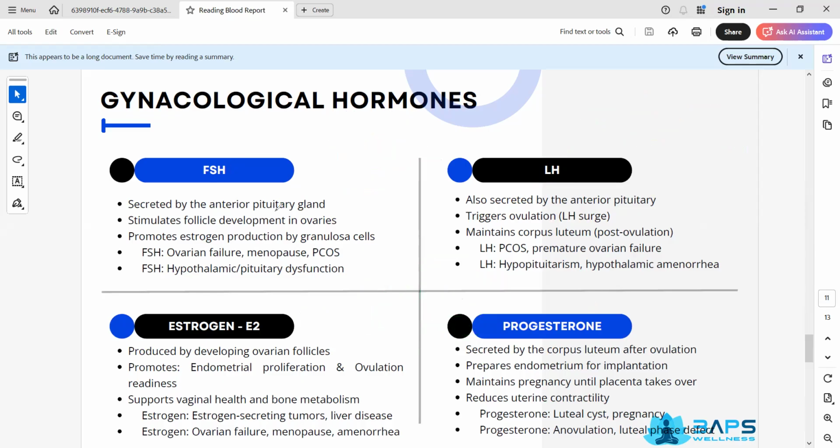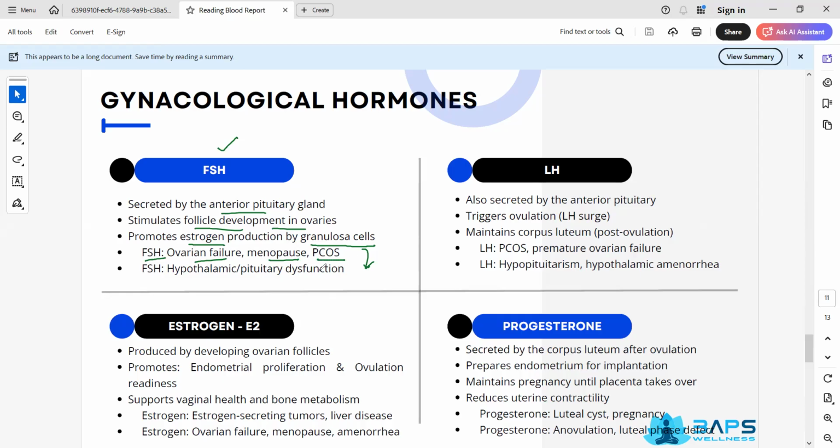FSH is secreted by the anterior pituitary gland, and this stimulates follicle development. If FSH is lacking, then there will not be proper maturation of the follicles, and that will lead to infertility. It promotes estrogen production by granulosa cells in the follicles. If FSH is less, that will lead to ovarian failure, or in menopause also FSH will be very less.